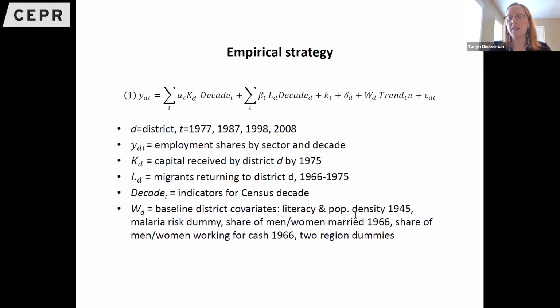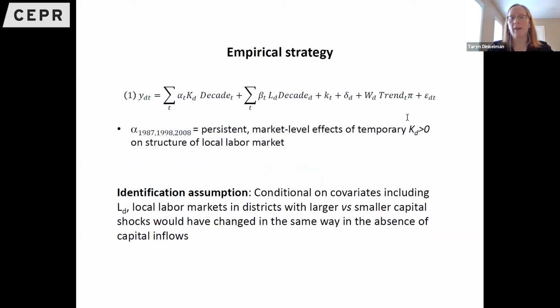So anything that's different across these districts historically, related to population density or literacy, or other factors that could affect how the labor market is changing, we're going to try to control for with these covariates interacted with trend. So our identification assumption here is that, conditional on the covariates, including this control for total number of migrants, districts with different amounts of capital would have changed in the same way in the absence of these capital inflows.